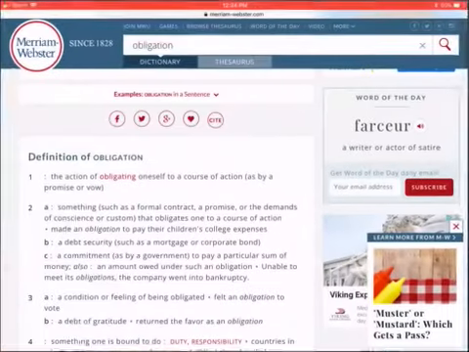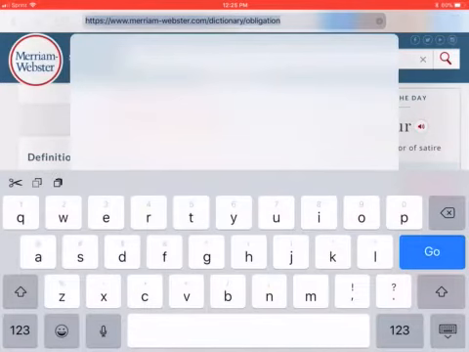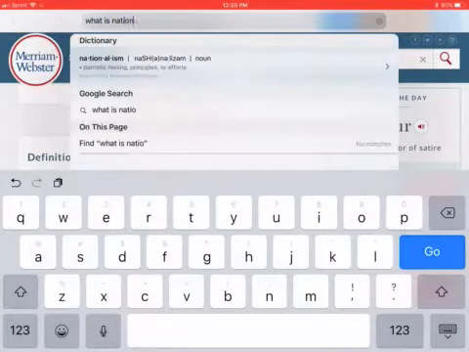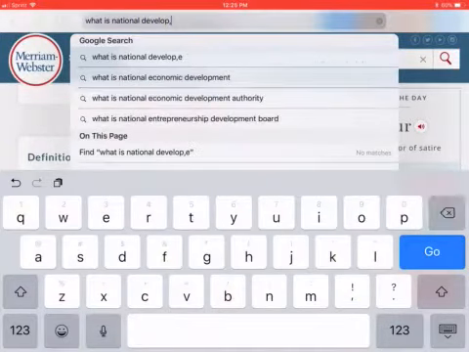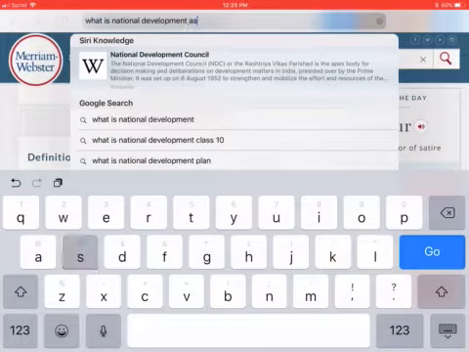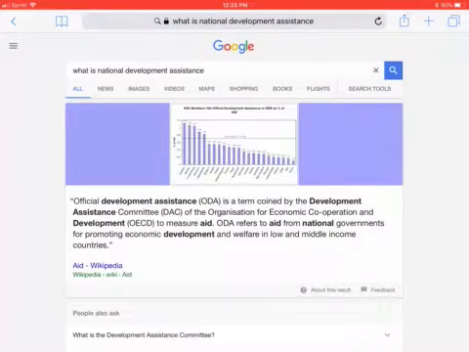So the biggest thing outside of wealthy nations that you're going to define is development assistance. What is official development assistance?